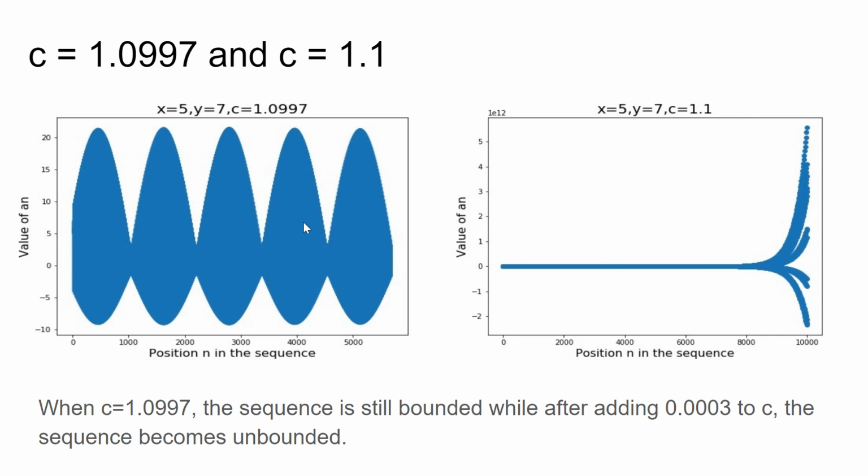This is an interesting example. When c equals 1.09 and 7, the sequence is still bounded. But after adding 0.0003 to the value c, the sequence becomes unbounded. There's a very little gap between these two values, but these two graphs show a very different pattern.